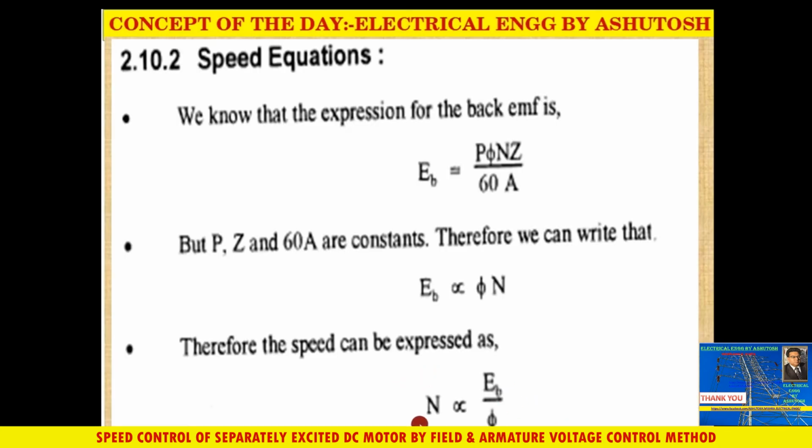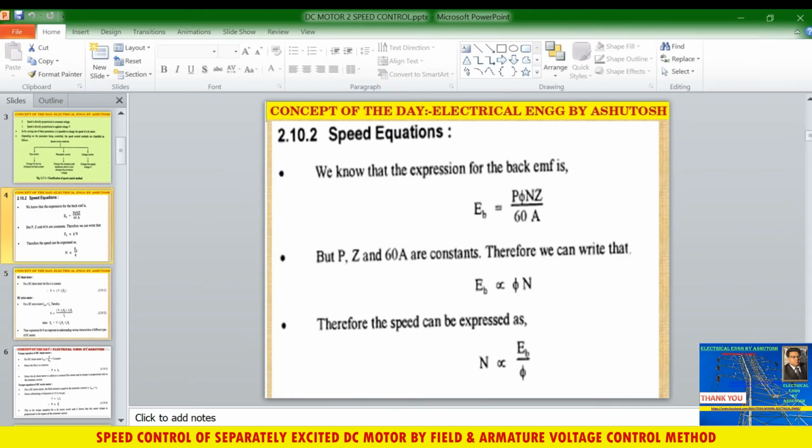From this relation, the speed and flux are inversely proportional. So if the amount of flux decreases, speed increases. We are decreasing the field voltage, so the field current is decreasing as well, and the flux produced by the field current is decreasing as well, and therefore speed increases. So this is the relation you can refer.